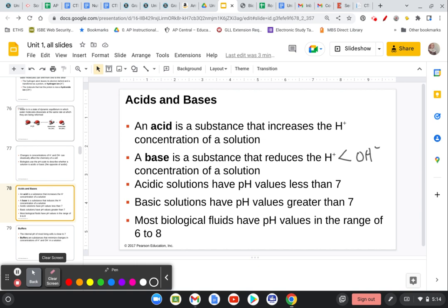What that translates into is things like oven cleaner or ammonia being good examples of bases. Antacids are bases. Baking soda is a base. So this is going to be anything with a number between 7 and 14.